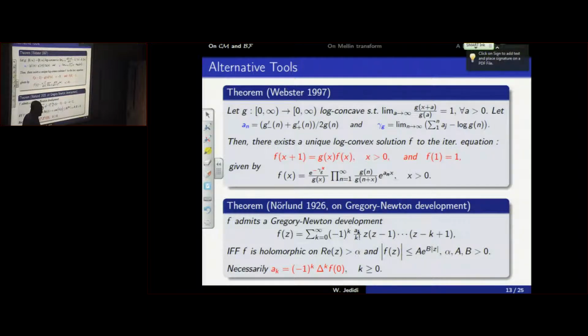Of course, we have the known conditions with the series expansions of analytic functions, but here the conductive term is not the usual z to the power k, but it's the descending factorial of z.